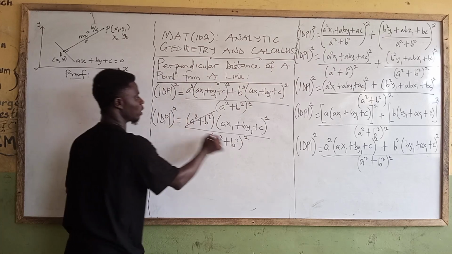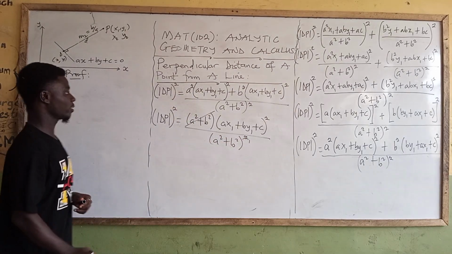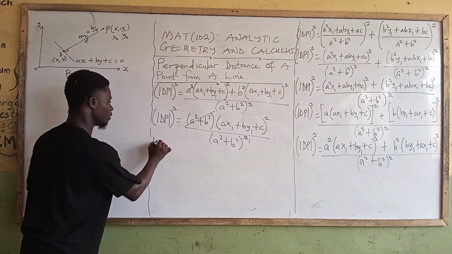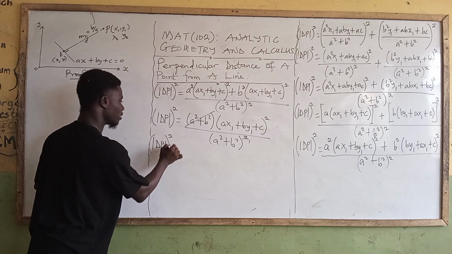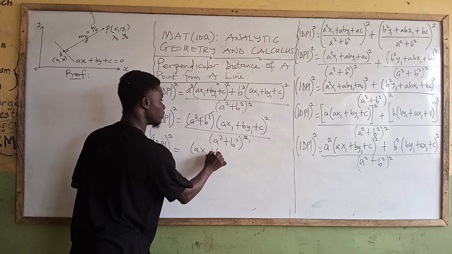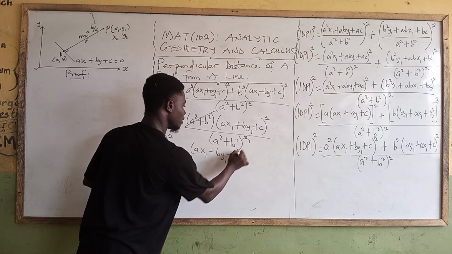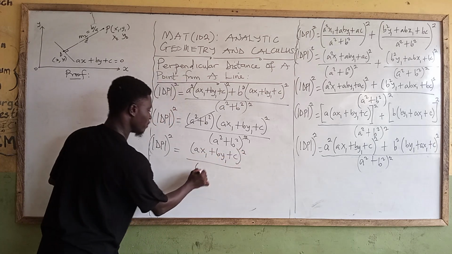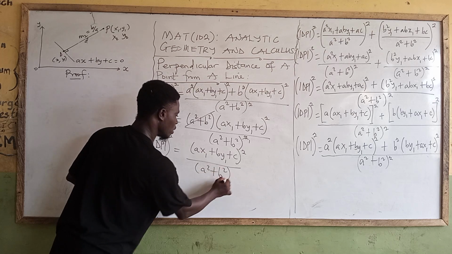Don't forget, this one takes away one of that. So we get the length of DP all squared, which is equal to a x1 plus b y1 plus c all squared divided by a squared plus b squared.